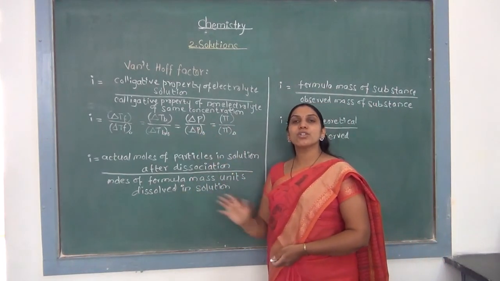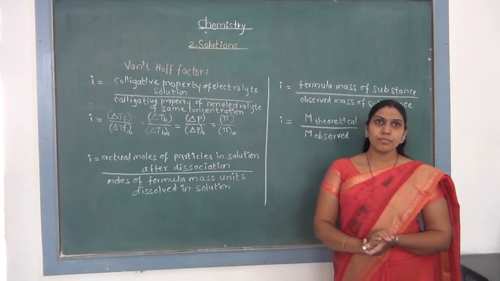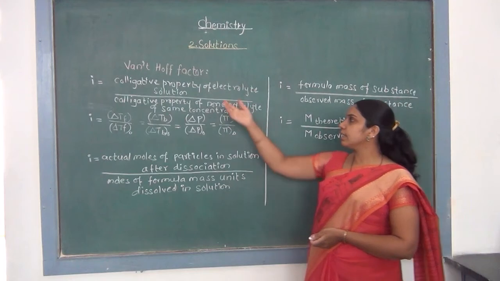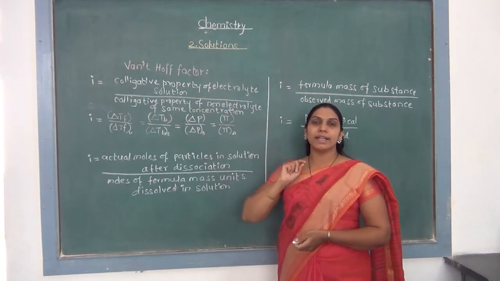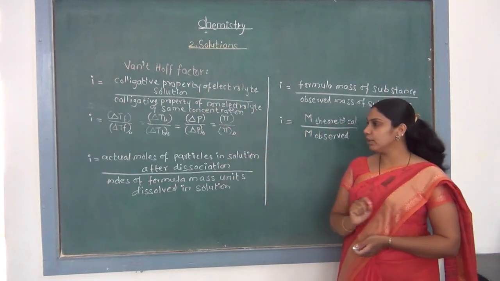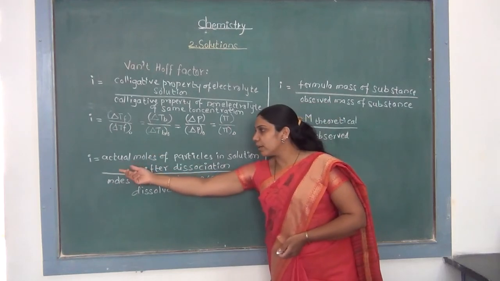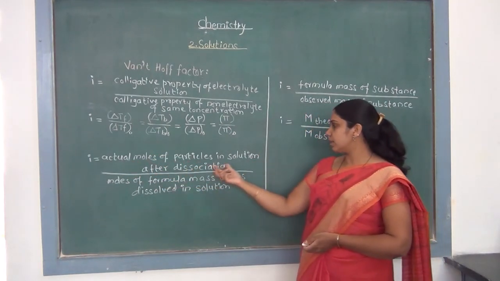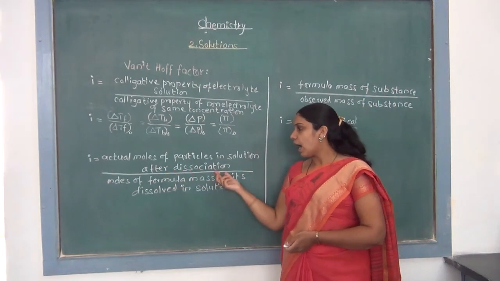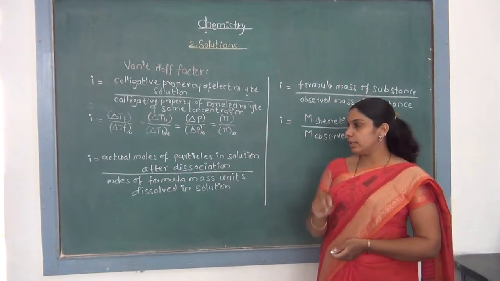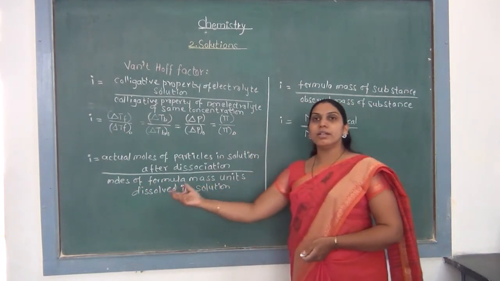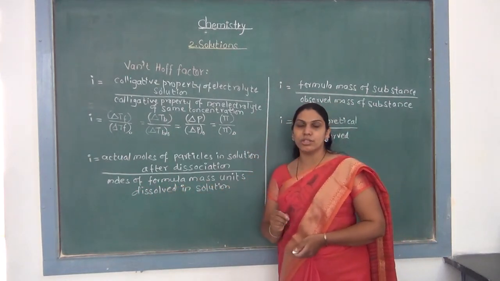One more equation for Van't Hoff factor, in the form of mass, but exactly equivalent to the colligative properties, can also be given as: i, that is Van't Hoff factor, is equal to actual moles of particles in solution after dissociation divided by moles of formula units dissolved in solution.